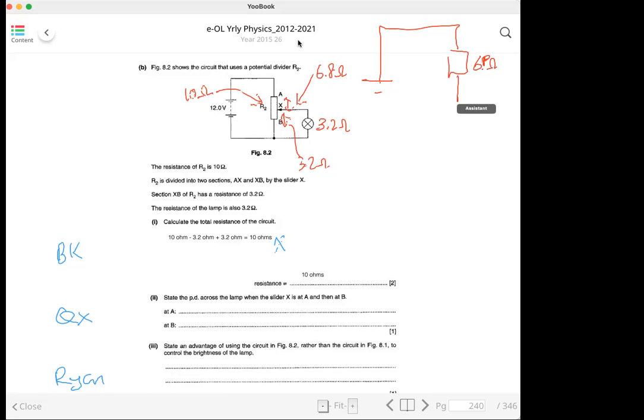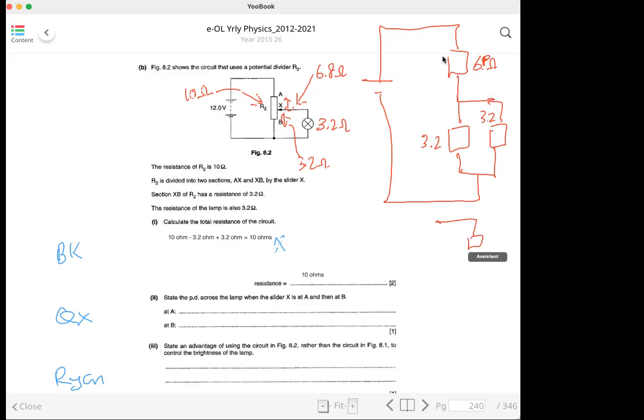Then it breaks into two parts. This is 3.2 and this is 3.2. So can you see this 6.8 and 3.2 combined become 10? So your R2 is this and this together. So when I break this down into this kind of circuit, does it look like this to you?